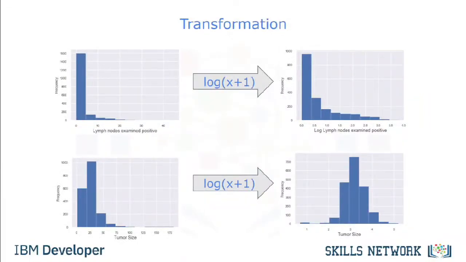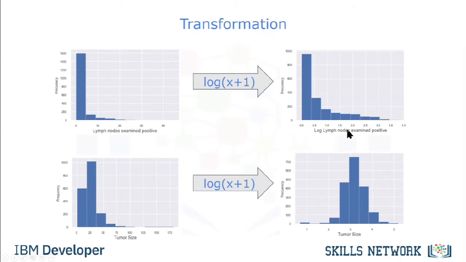We will transform the data with log(x + 1). This transformation is often used for transforming data that are skewed and also include zero values. Here we see that the left side is the original data and the right is the transform with the log.